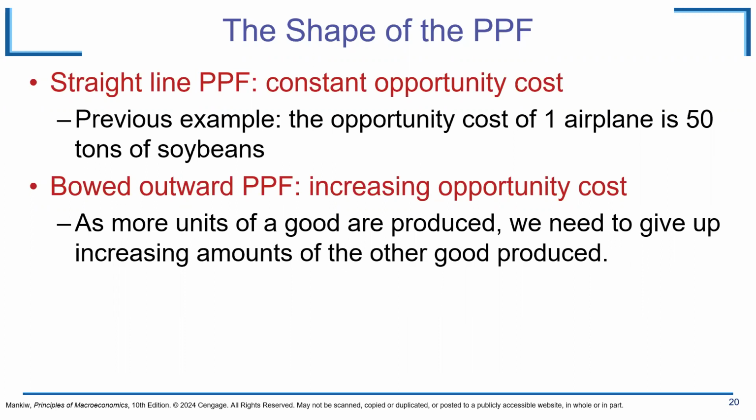But sometimes we also have the bowed outward PPF. It means increasing opportunity cost. In other words, as more units of a good are produced, we need to give up an increasing amount of the other good produced.